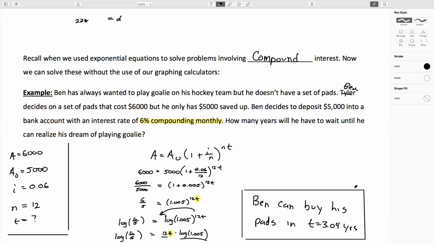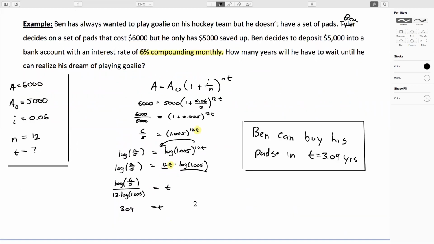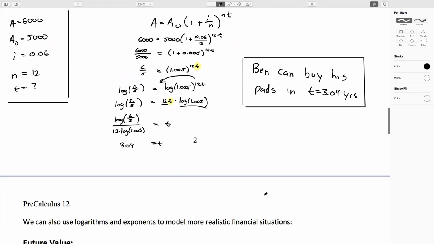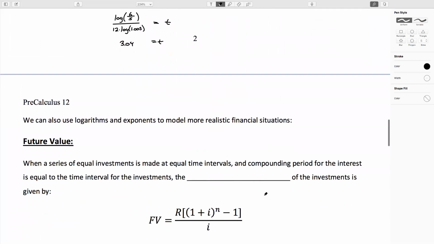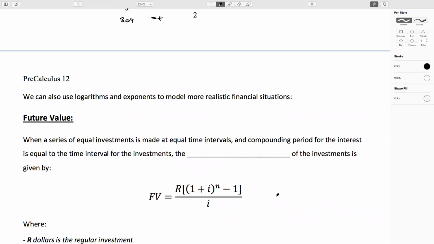So most people are going to have to save by making payments or regular deposits. That opens the door to more complicated expressions. And up until this point, we haven't really had the ability to solve for any variables in those expressions. Now we do. So this is going to lead us to the future value and the present value formula.